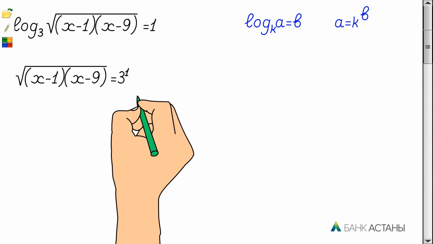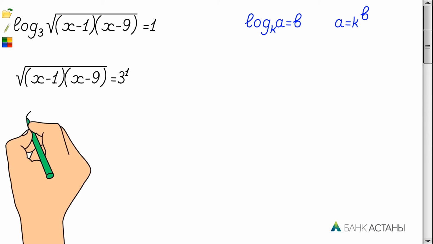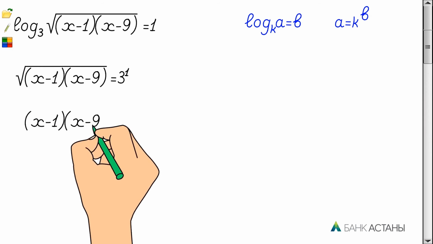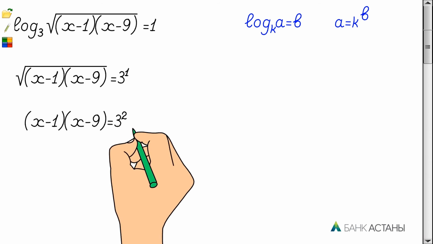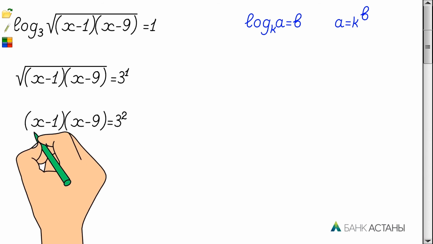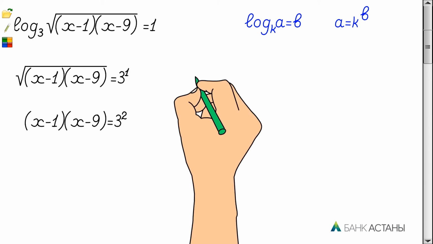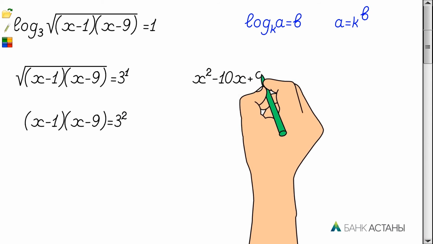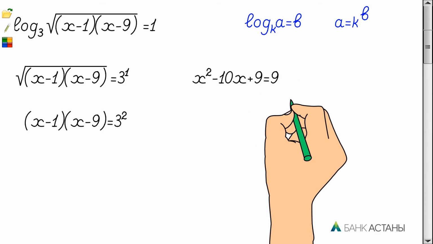Square both sides of the equation, and we get x minus 1 times x minus 9 is equal to 3 squared. If we solve the equation in parentheses, we get x squared minus 10 multiplied by x plus 9 equals 9.